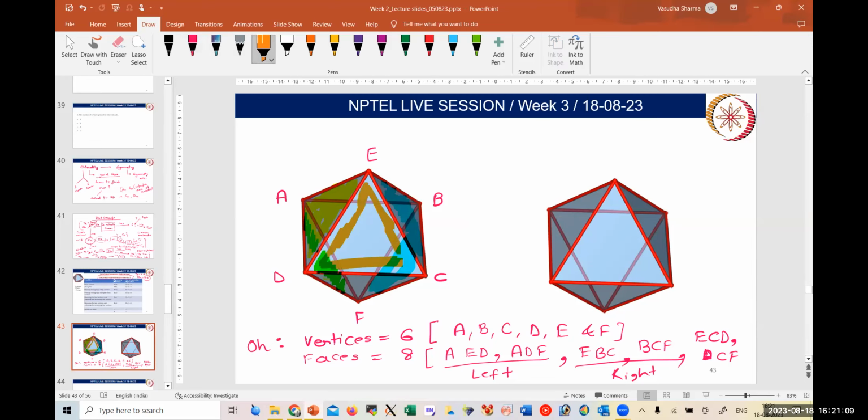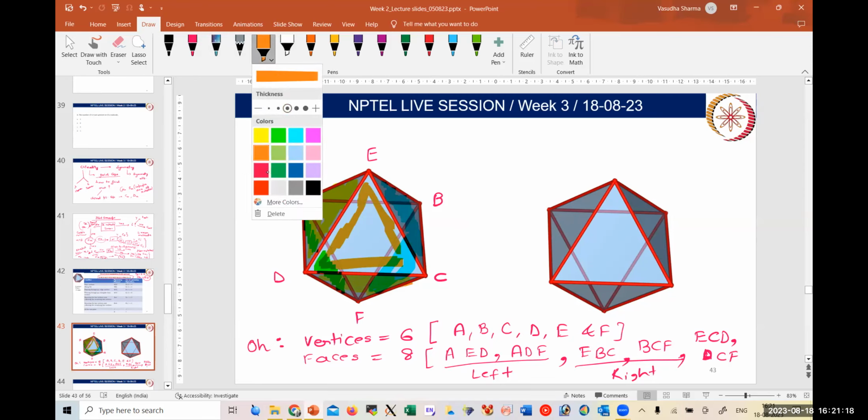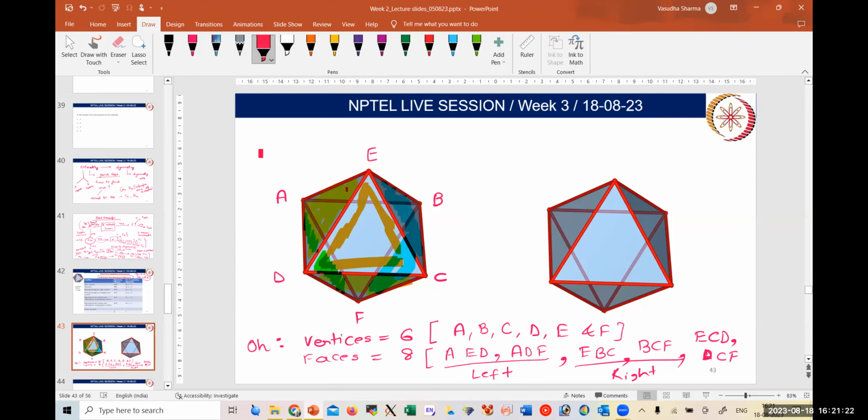This one. So these two are the front. And if we have to draw the back ones, that would be this AEB and ABF.